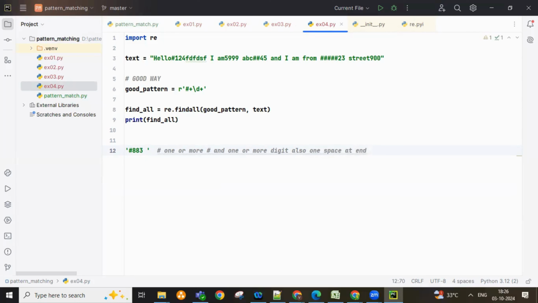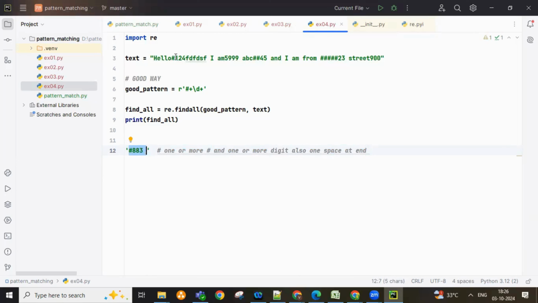Got it, guys? Clear? So this is one example. I want to match similar kinds of text, so I need to update the pattern such that it would match. Meaning hash followed by some digits followed by some space.